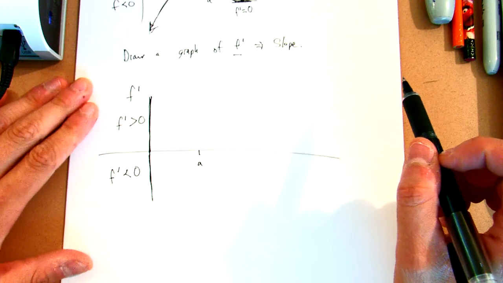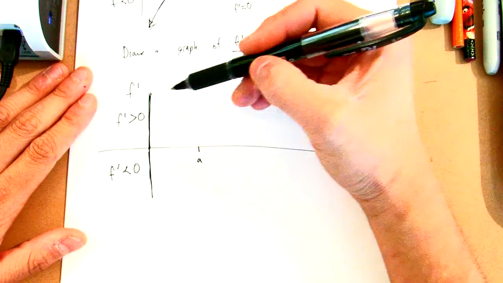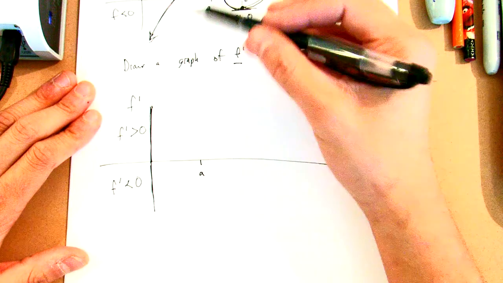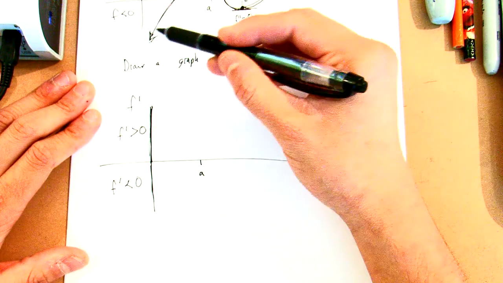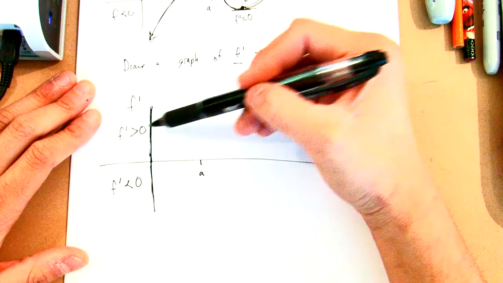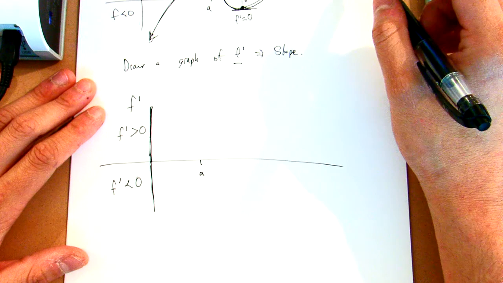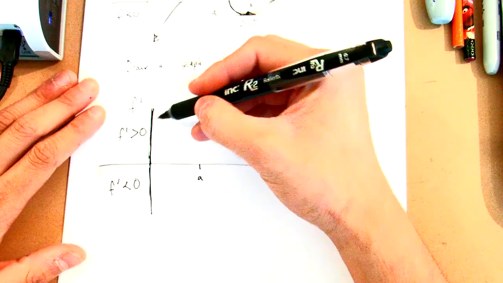So what does this mean about f prime? F prime is over here. It is above the x-axis from negative infinity to a.